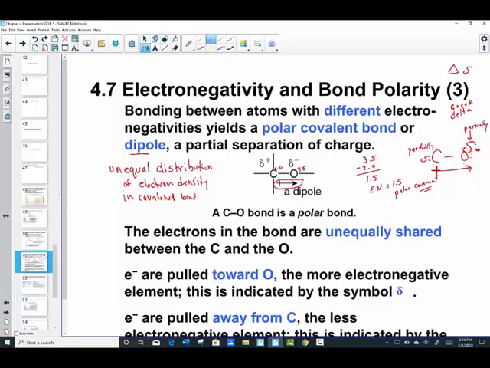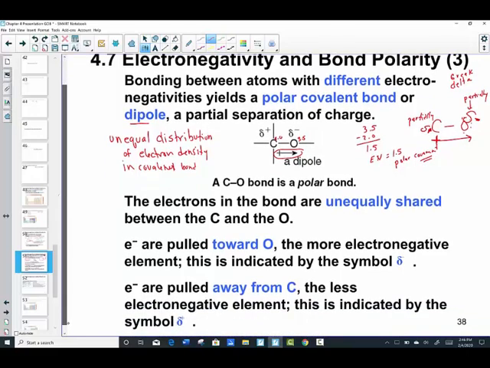It's so strong, it's pulling the electron density towards itself, creating a very rich negative region on the oxygen, and leaving the carbon a partial positive, my bad. Partially positive because it's lost its electron distribution. So when the shared pair is unequally distributed between the two atoms, we call it a polar covalent bond.